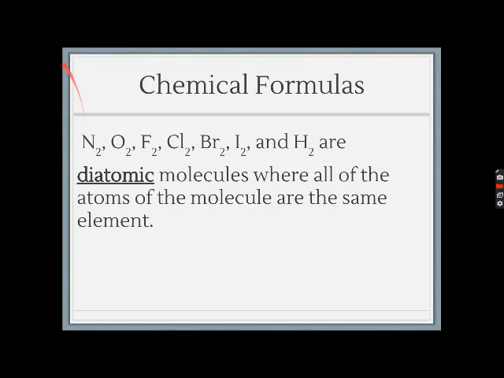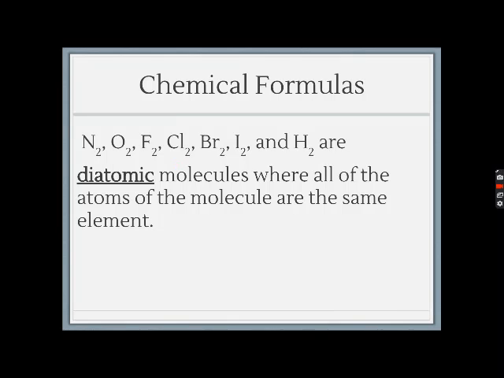The same with O2, oxygen, F2, fluorine, Cl2, chlorine, bromine, iodine, and hydrogen. Now, here's the cool stuff about this. These are the way these exist in nature right now.